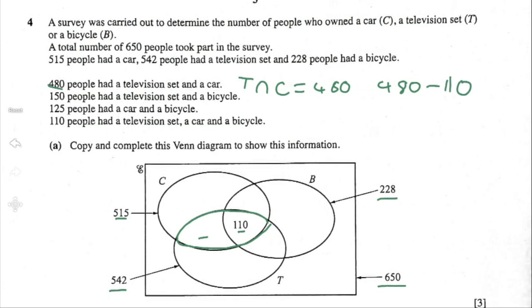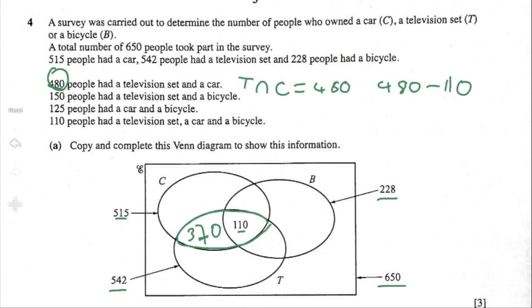If you work that out, you'll get 370. So the 370 plus the 110 gives 480 people, which are the people who own both television sets and a car there.